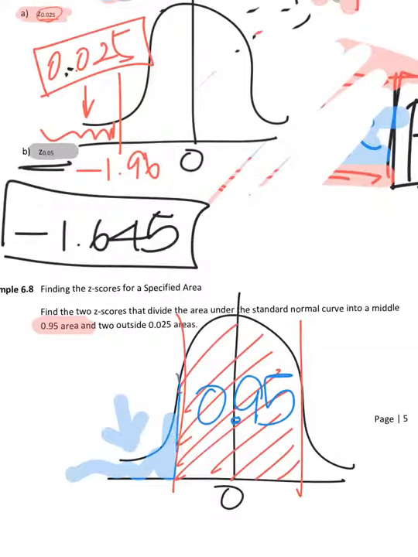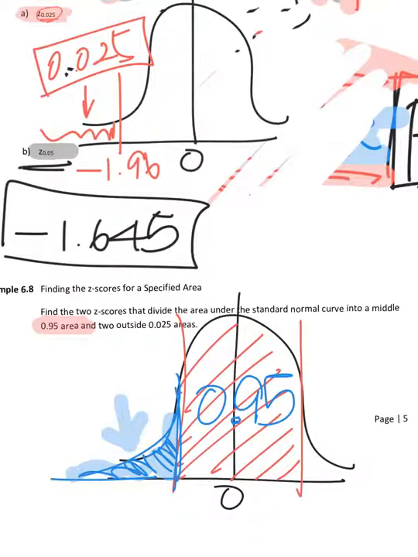Here. How much was the whole area? Probability 1, the whole area. In the middle, there is 0.95. Then at the ends, the left end, right end, together, how much? The left one and the right one together must be 0.05. But I'm asking you, what is only the left one?